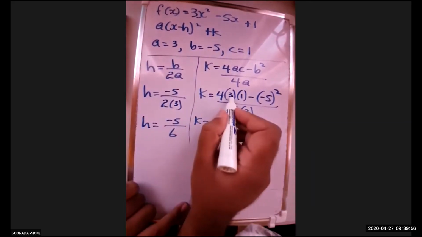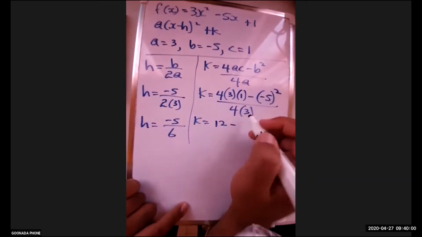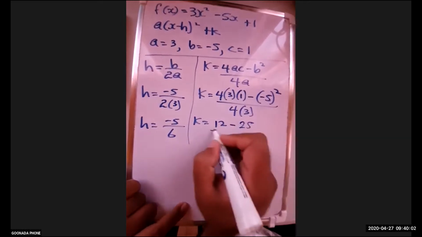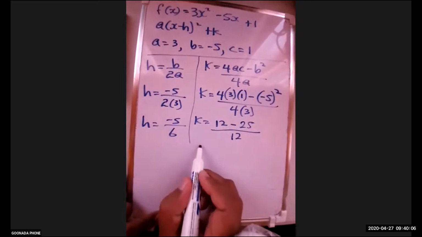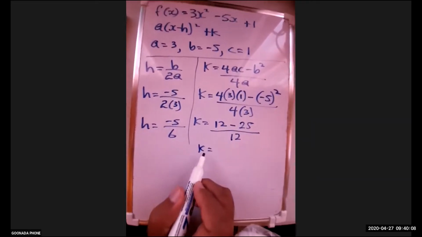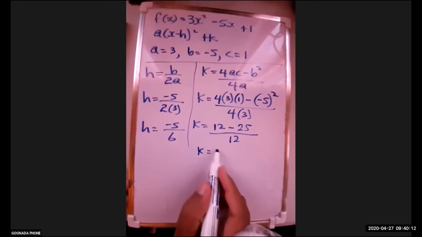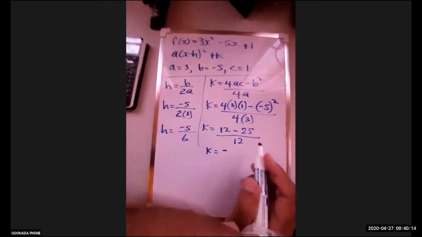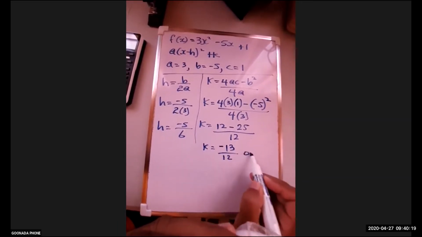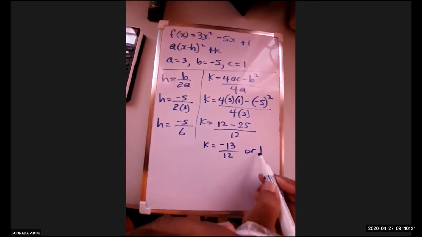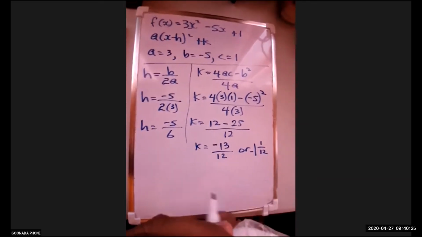So 4 by 3 is 12, 12 by 1 is 12, minus 5 squared is 25, all over 4 3s are 12. So k is equal to 12 take away 25, which is -13, all over 12. Or if you want, you can say -1 and 1 over 12. Okay?